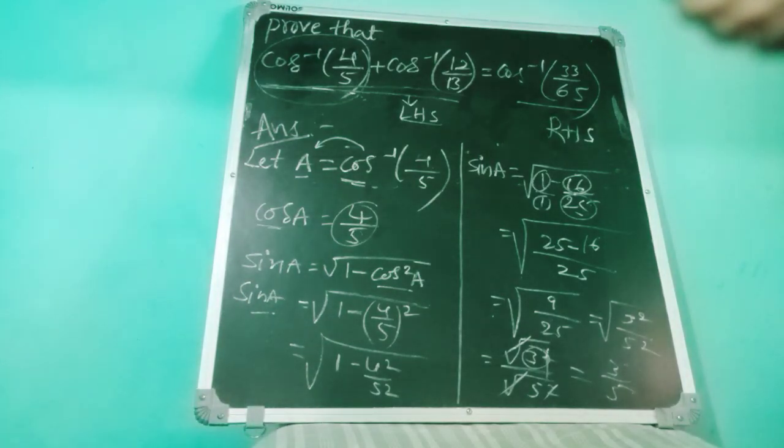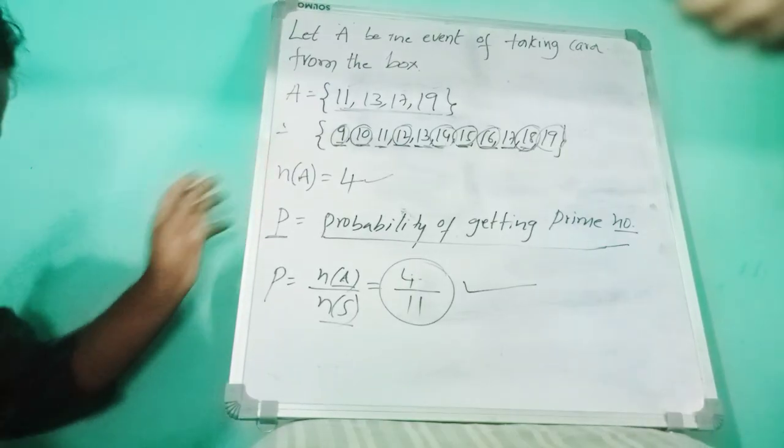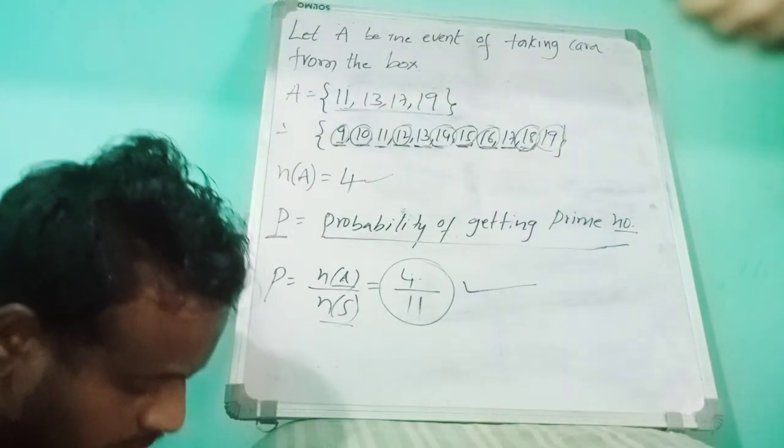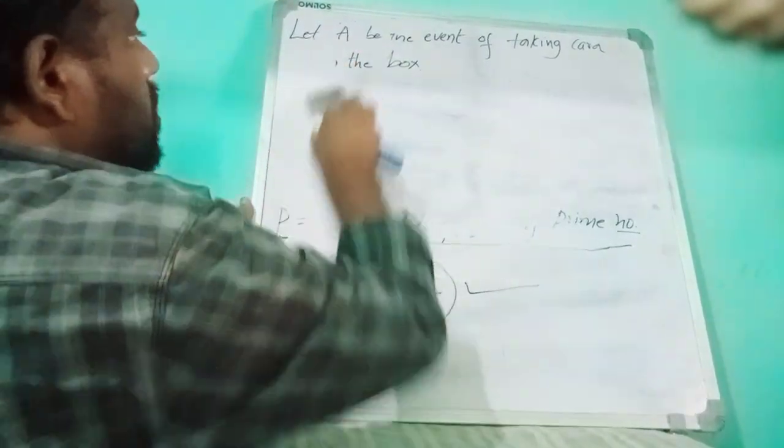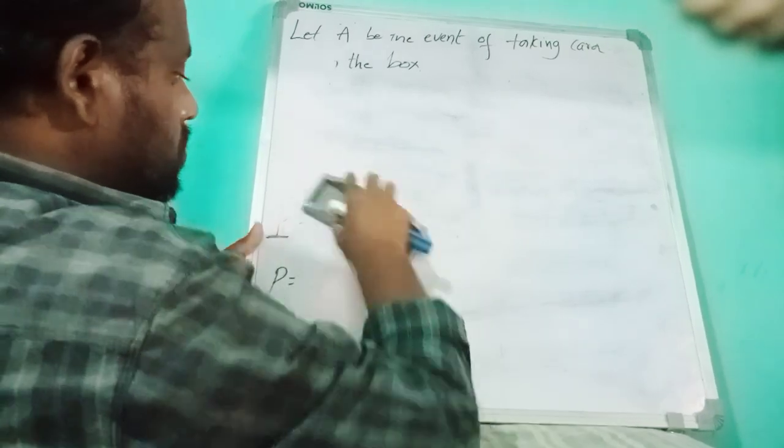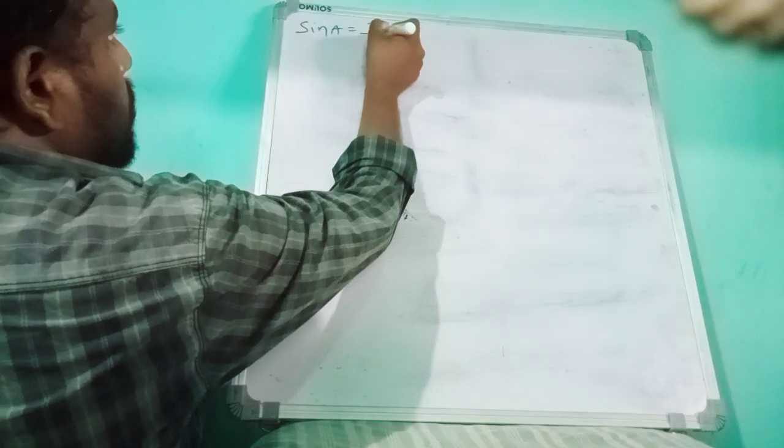Just a minute, I will take a pen. So we have got sin A is equal to 3 by 5.